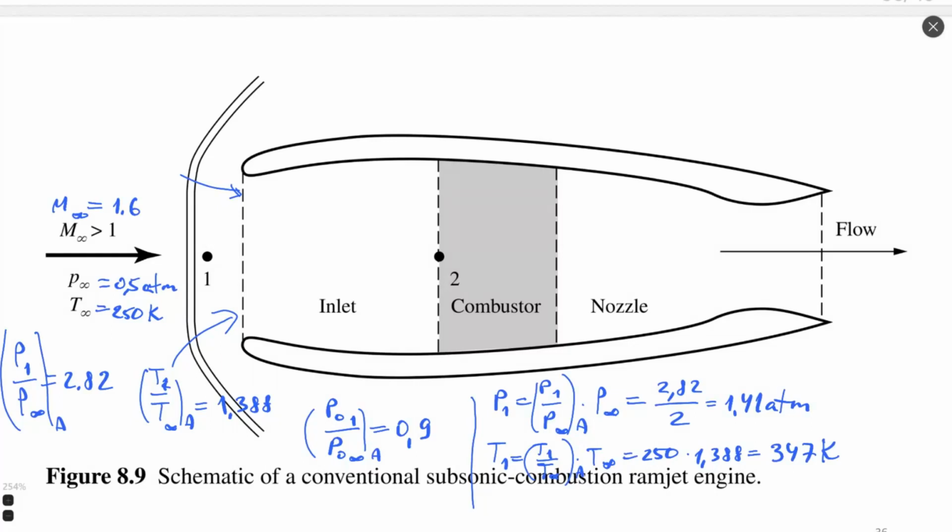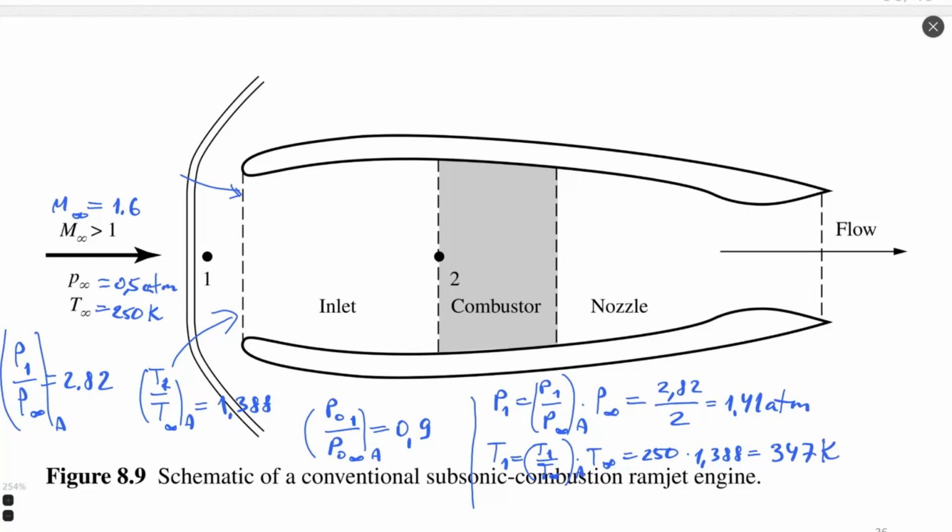You can see that it is quite considerable just after crossing the normal shock wave. We have such a rise, almost 40% of temperature. This is all for point 1 for now. I think we cannot do much because we still did not have theory on flow inside a duct. When we pass chapter 10, it will already be possible to calculate point 2 analytically.